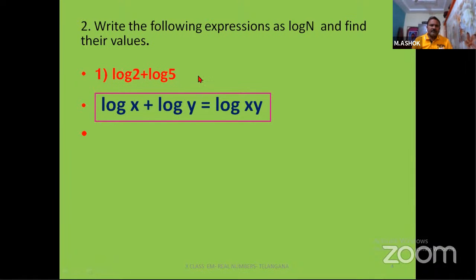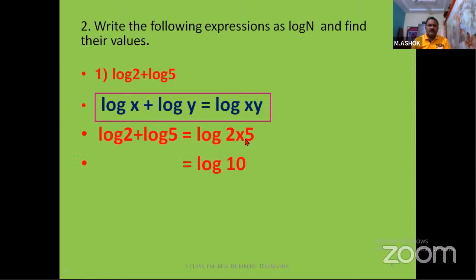So while writing as a single logarithm, you have to apply the formula log x plus log y; if he gives that, you have to write it as log xy. In this way, log 2 plus log 5, here x is 2 and y is 5. So that becomes log xy, means log 2 into 5, which is equal to log 10.